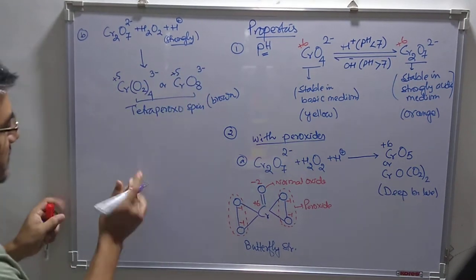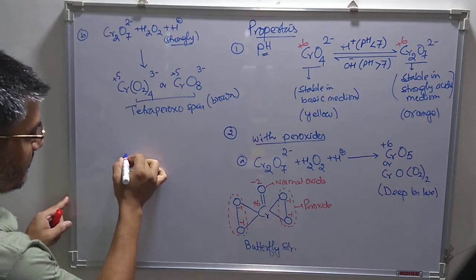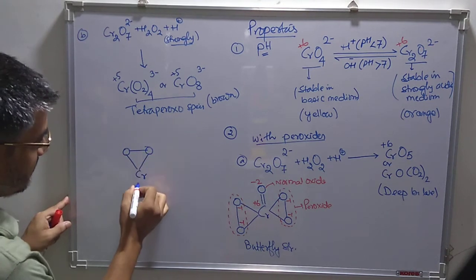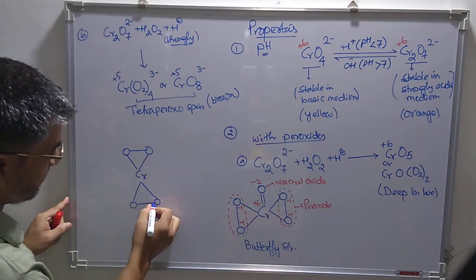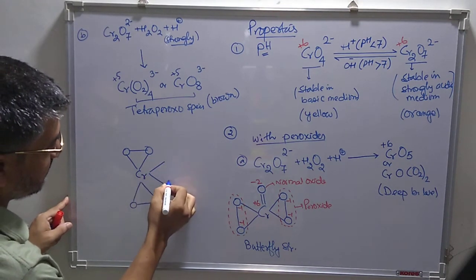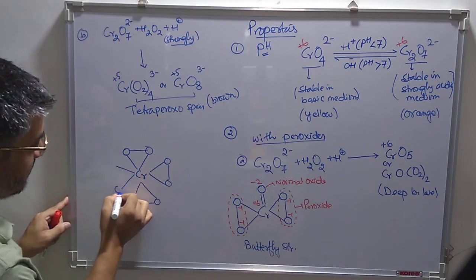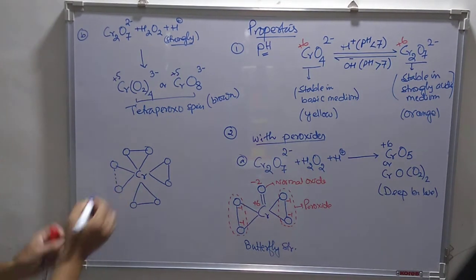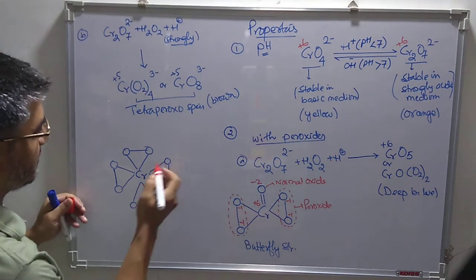Now coming to the structure of this, we have this chromium. This is the structure of the tetraperoxo species, and each oxygen is in peroxide form and there is no normal oxide.